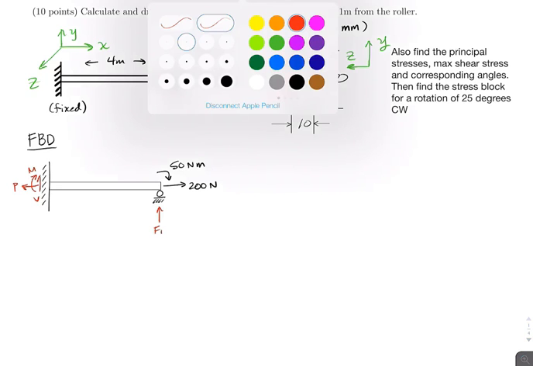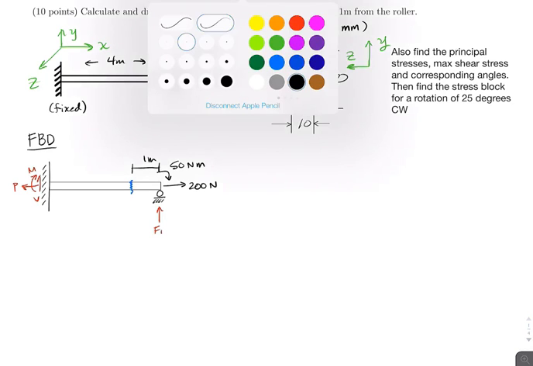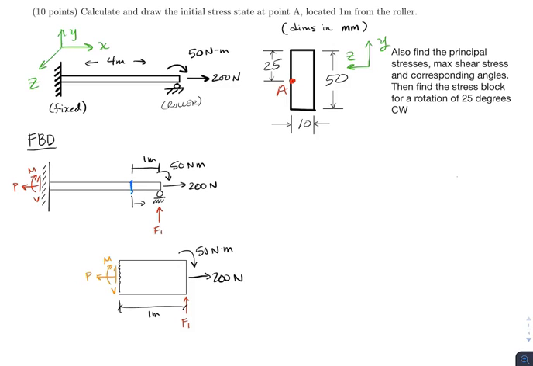So we're going to make a section cut 1 meter away from the roller. We'll just say it's right there. So that's going to be our 1 meter. Now we're going to draw another free body diagram of that section cut looking to the right. And there is our free body diagram for our tiny section cut.